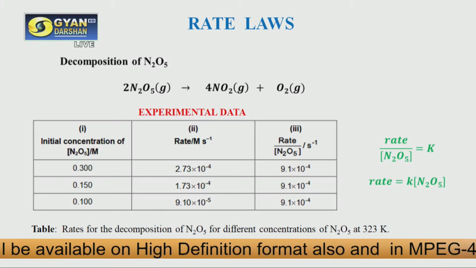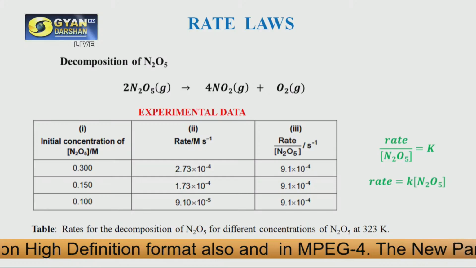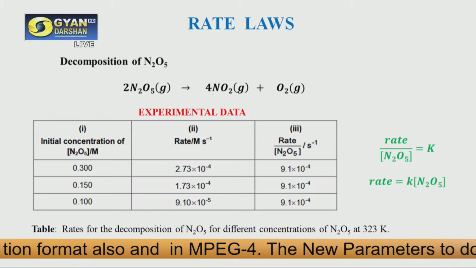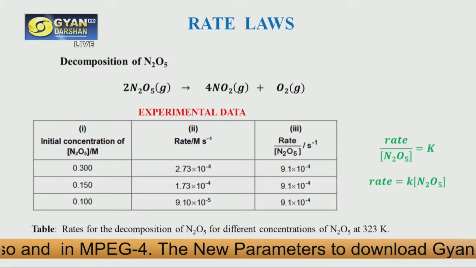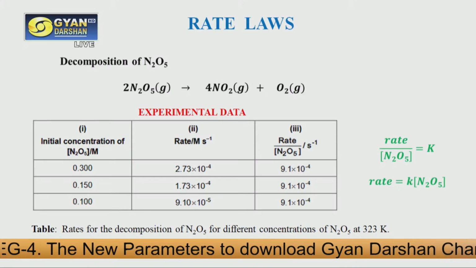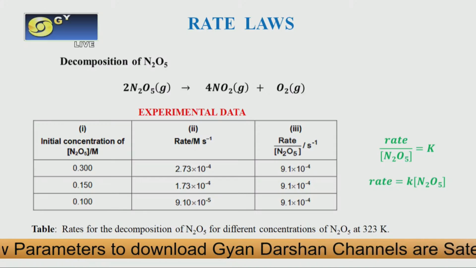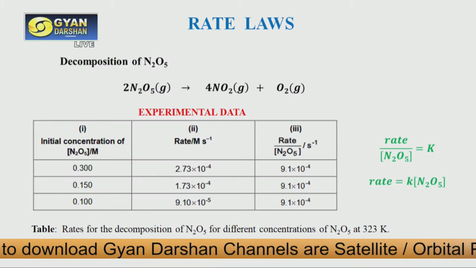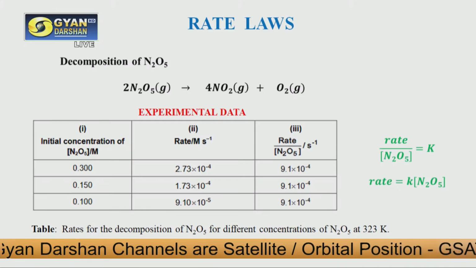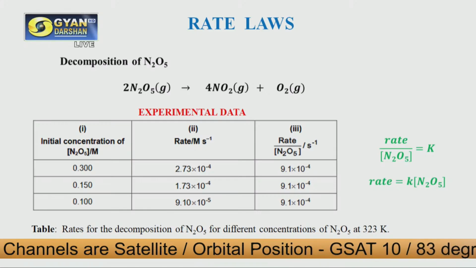But if we calculate the ratio of the rate and the concentration of nitrogen pentoxide, it will give a constant value. Here we can say that there is a relation between initial concentration and the rate.